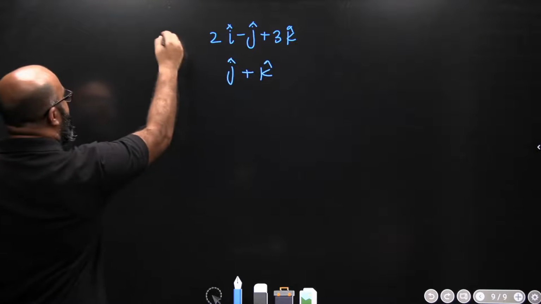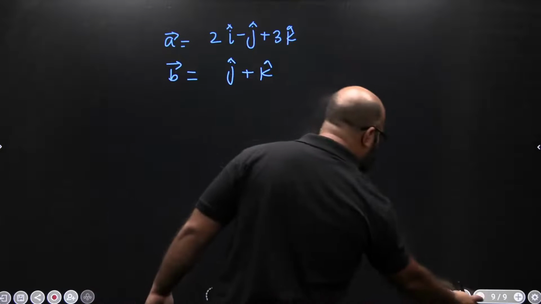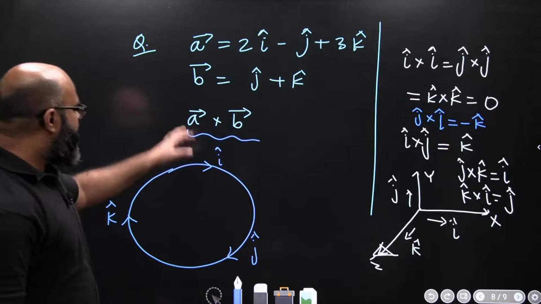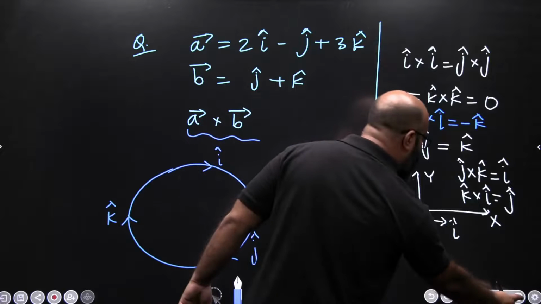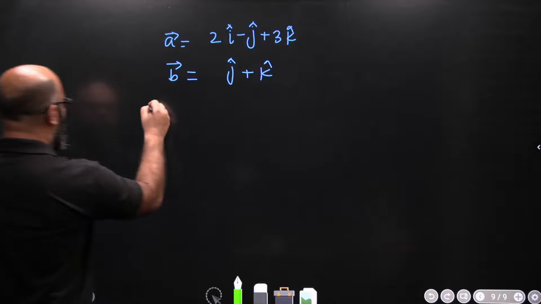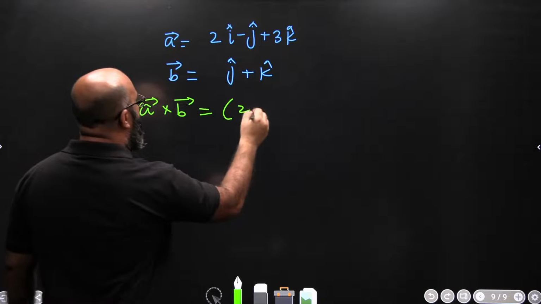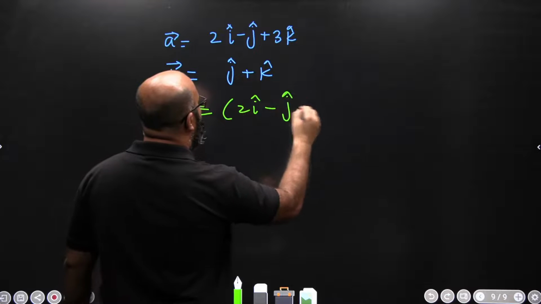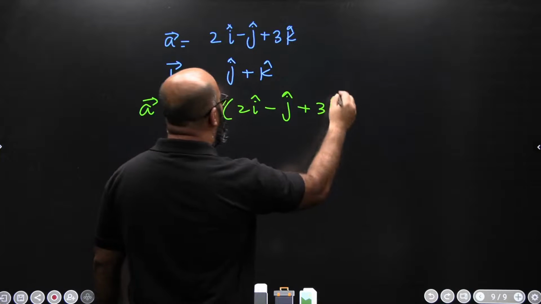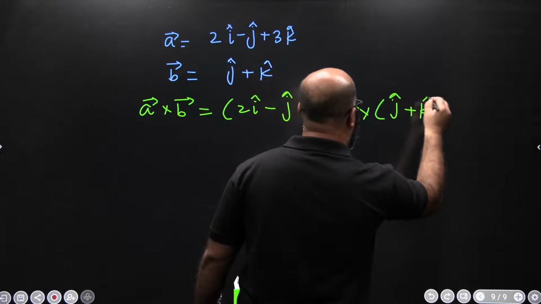This is vector A, this is vector B, and then we have this A cross B which we have to find out. So A cross B is (2i minus j plus 3k) cross (j plus k).